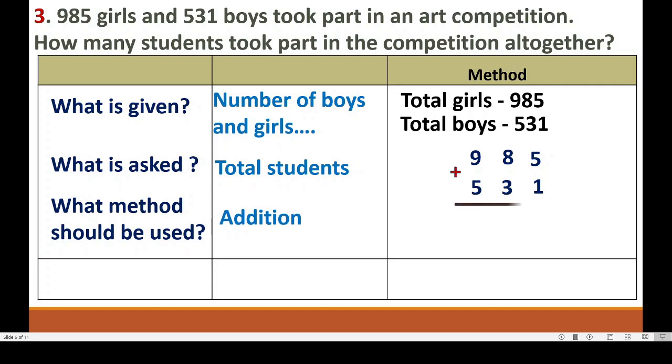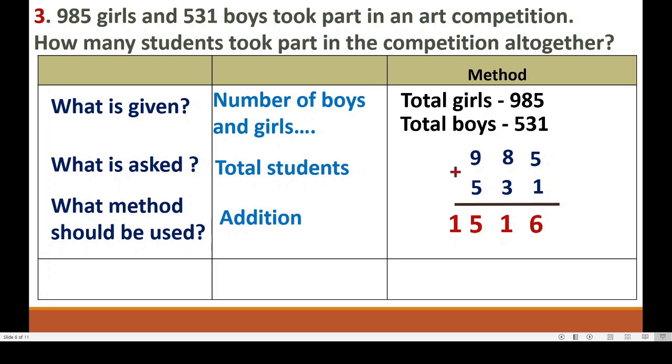Right? 5 plus 1 is 6. 8 plus 3, 11. Isn't it? 1 we will write down and 1 is carried over. And that is 9 plus 1 is 10. 10 plus 5 is 15. Isn't it? So we will write 15 here.